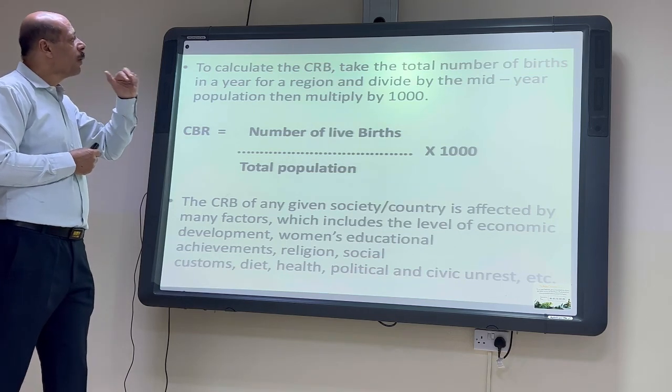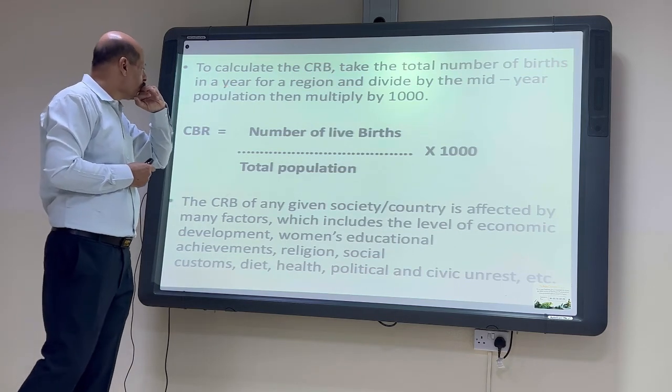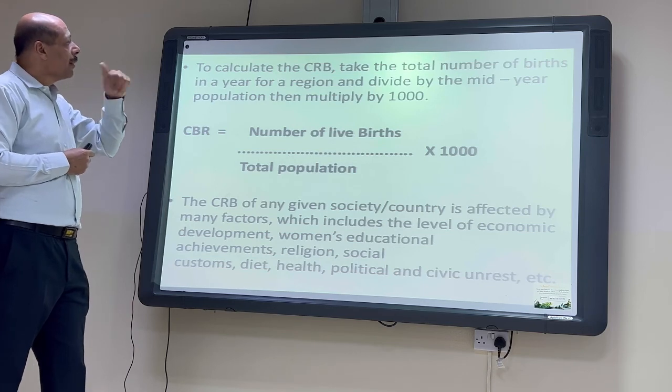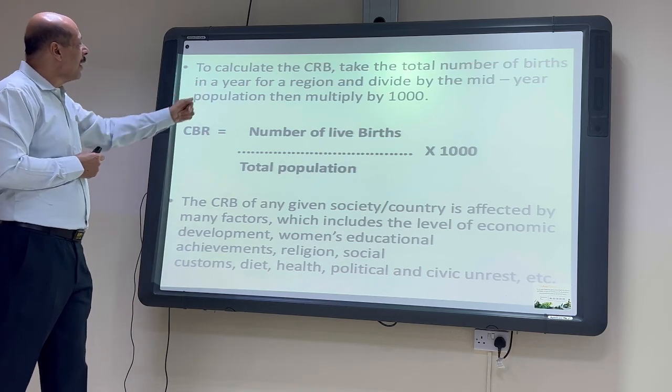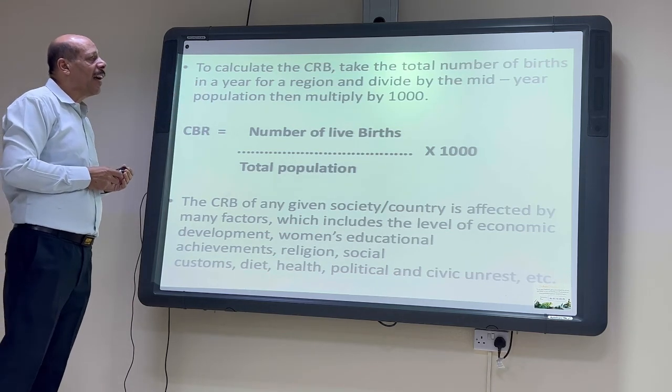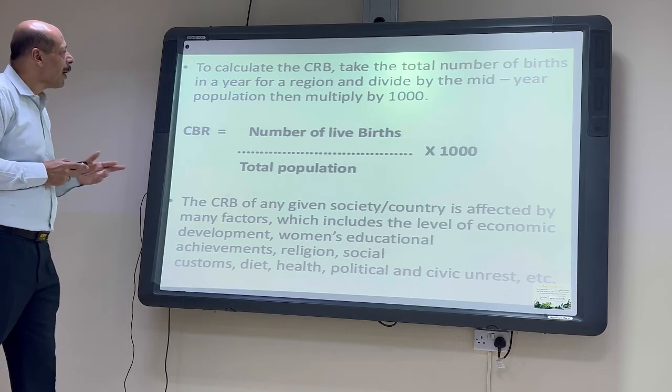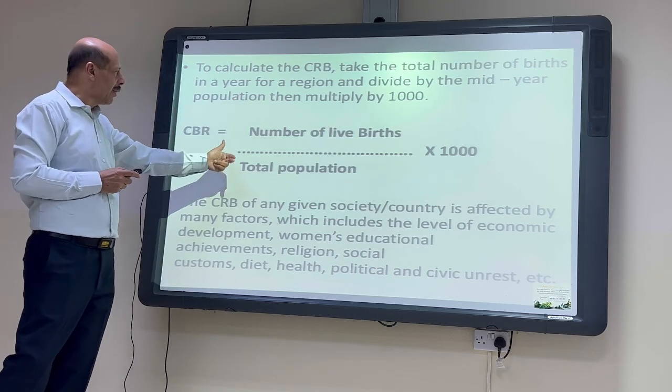The calculation of the crude birth rate takes the total number of births in a year for a region and divides it by the mid-year population, then multiplies by 1,000.